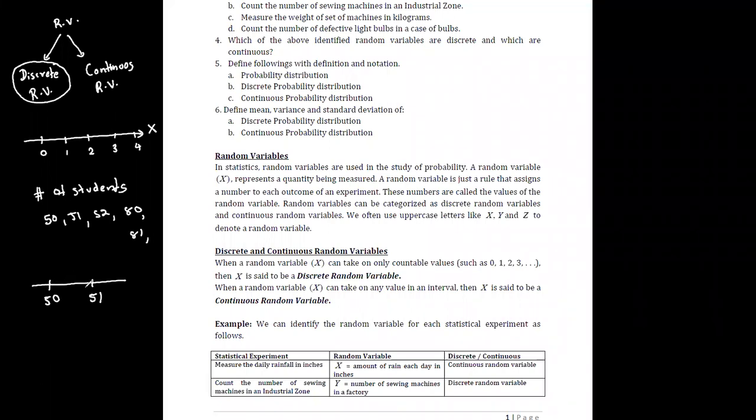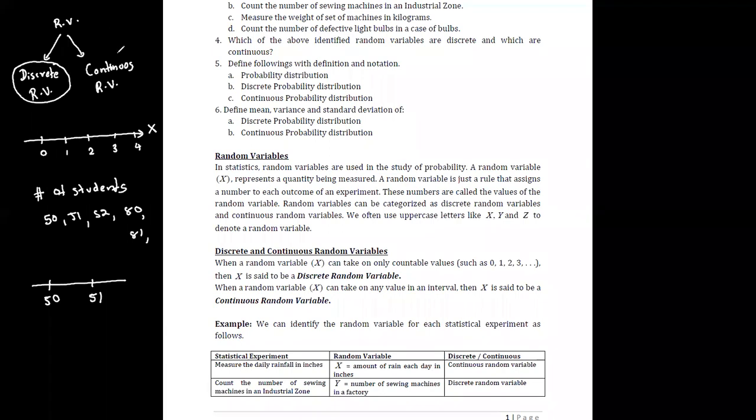There is not a half of a student or a quarter of a student. There is nothing like that. There is a clear cutoff in between these two. If we are assigning such values to a random variable, then such a random variable is said to be a discrete random variable.